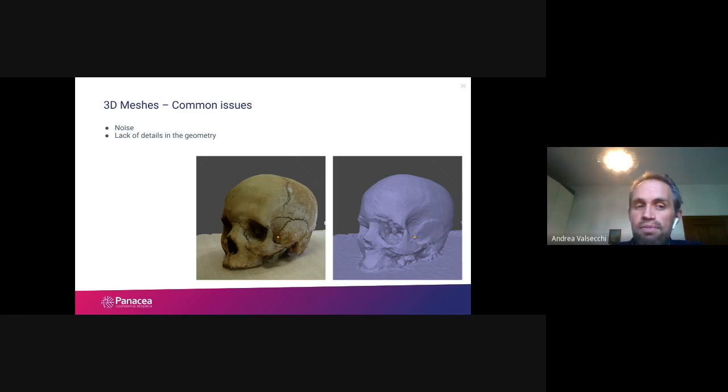But if you remove the texture, you can see that the shape of the model is not really detailed. For instance, inside the nose area, it's not really a hole like it would be in reality, and like you would think when you look at the texture. And that's an issue, because then you cannot measure anything inside the nose, for instance.